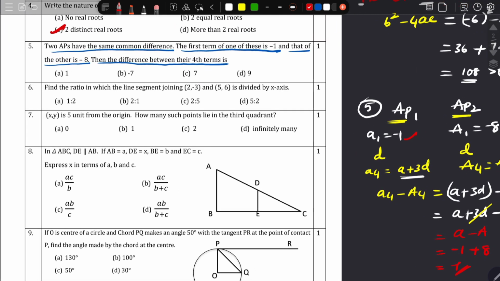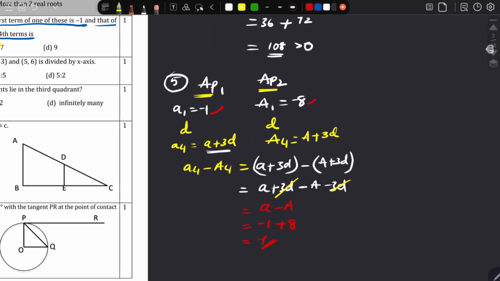Remember, the difference is always a positive number, so we have to prefer this value, option C. Suppose you think of it like this: if you take AP2 minus AP1, what is going to happen?